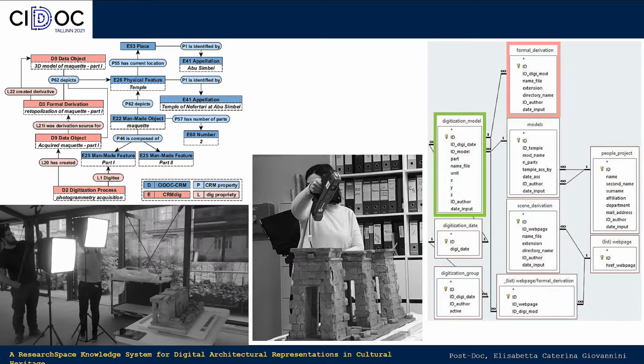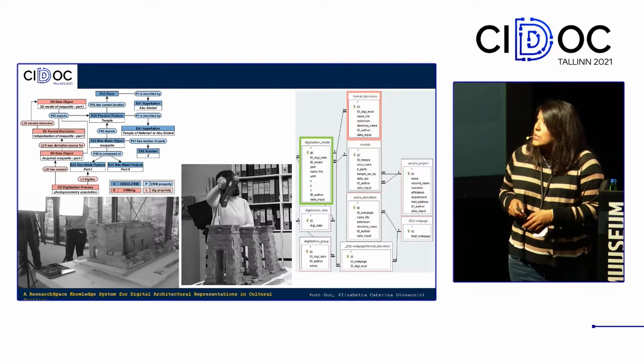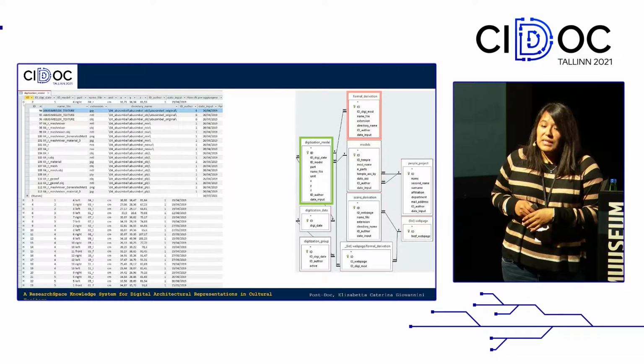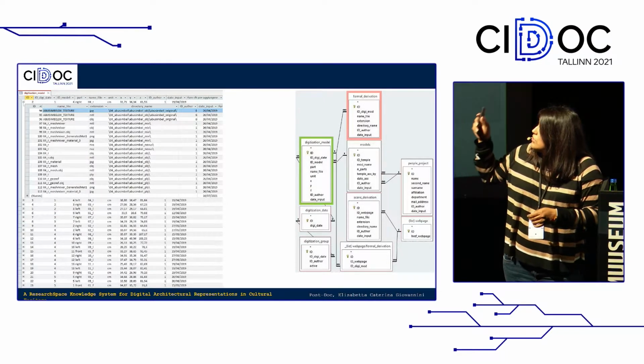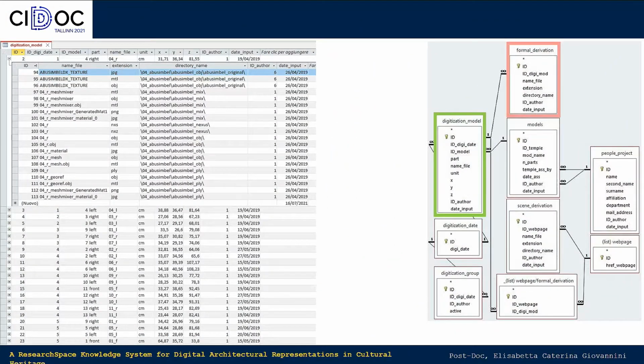Regarding the digitization process, we also wanted to map this. So the relational database was suitable to be mapped into CIDOC according to CRM-DIC. And in this case, also, we wanted to put all this inside ResearchSpace. So we annotate all the formal derivation of the object. So the digital acquisition.